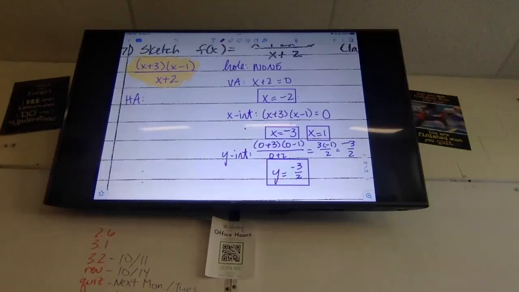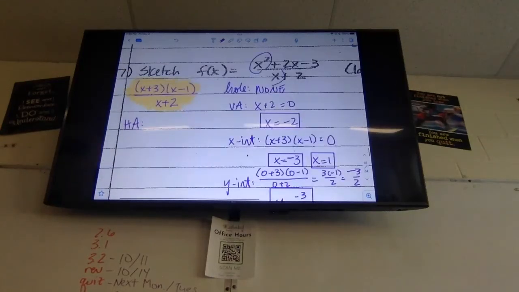Now we gotta do our slant asymptote. So I know it's slant because these are different exponents and the one on top is bigger. This time when I do my synthetic division, I'm gonna put -2 in the house because it's x plus 2 on the bottom. Switch the signs, put my coefficients, and then divide.